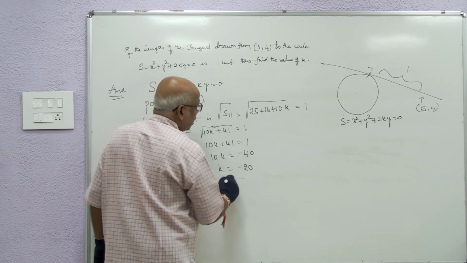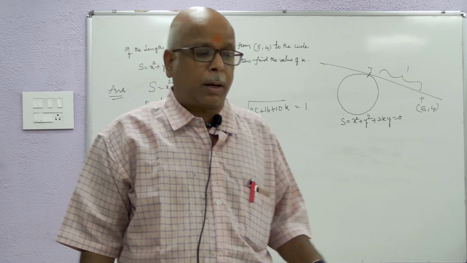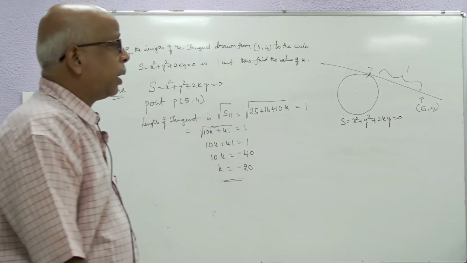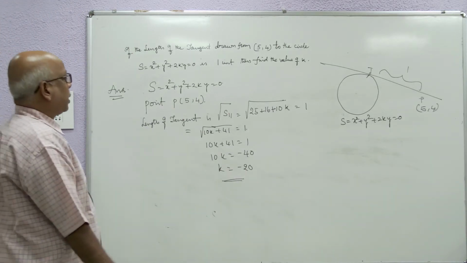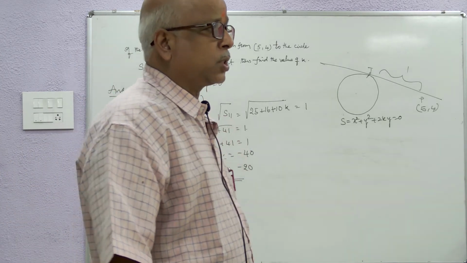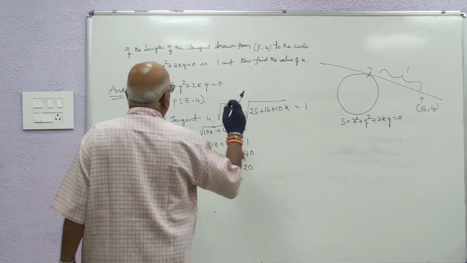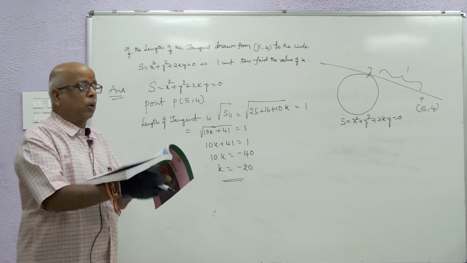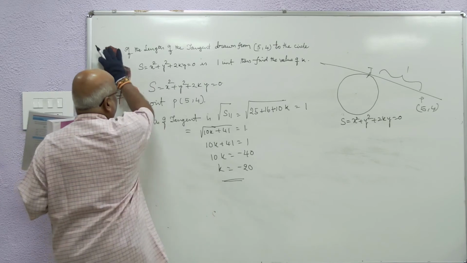Minus 20. When length of the tangent is given, equation is given, point is given, to find out unknown value, that is k, we have applied the formula root S11 for length of tangent, and we equated that one to given length. Finally, we got the unknown value k, which is nothing but minus 20 in the present problem.